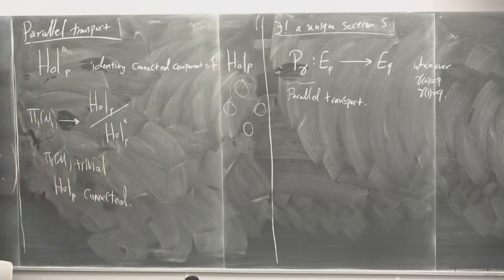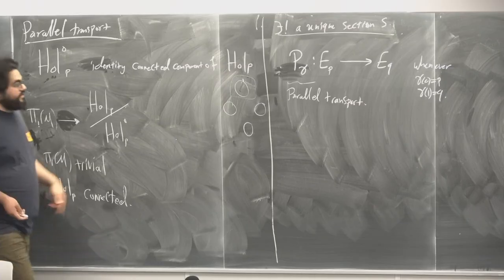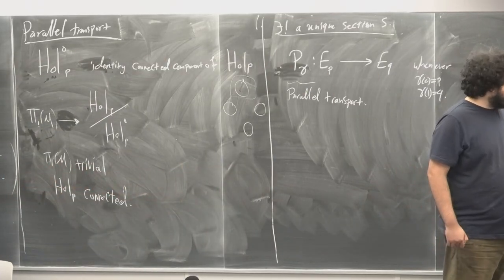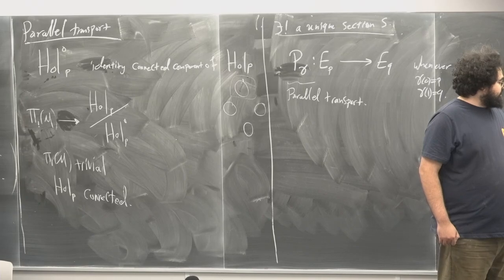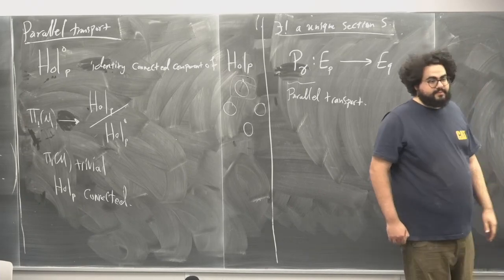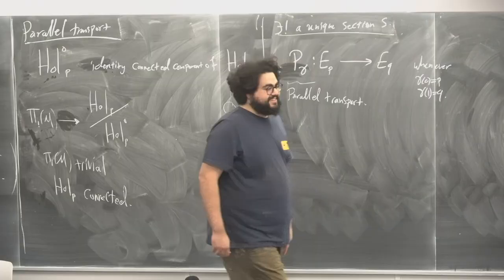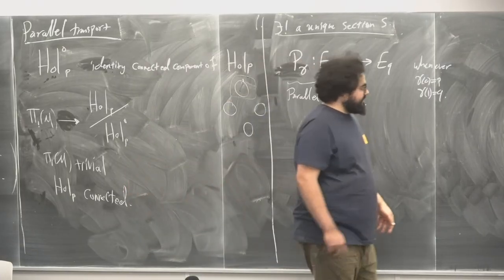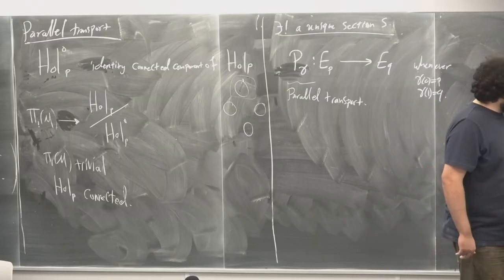Good. Any other questions? I still don't see why it's finite dimensional. Why it's finite dimensional? Yeah. It has to be because it's a subgroup of R^(TP), right? And R^(TP) is finite dimensional. It's a bit of a cop-out.